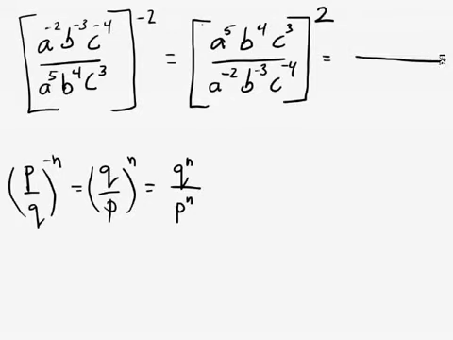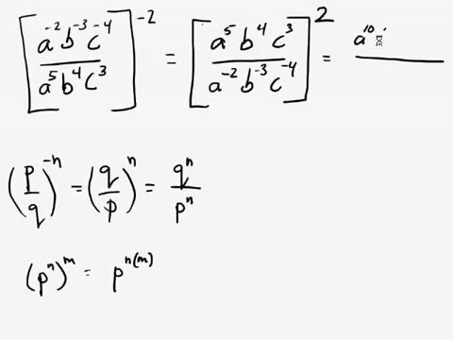And the justification for that is this. Whenever you have p to the n raised to the m power, that's equal to p to the n times m. Okay? So I'm going to get a to the 5th, and a to the 5th raised to the 2nd power is going to be a to the 5th squared, which is a to the 5 times 2, which is a to the 10th.